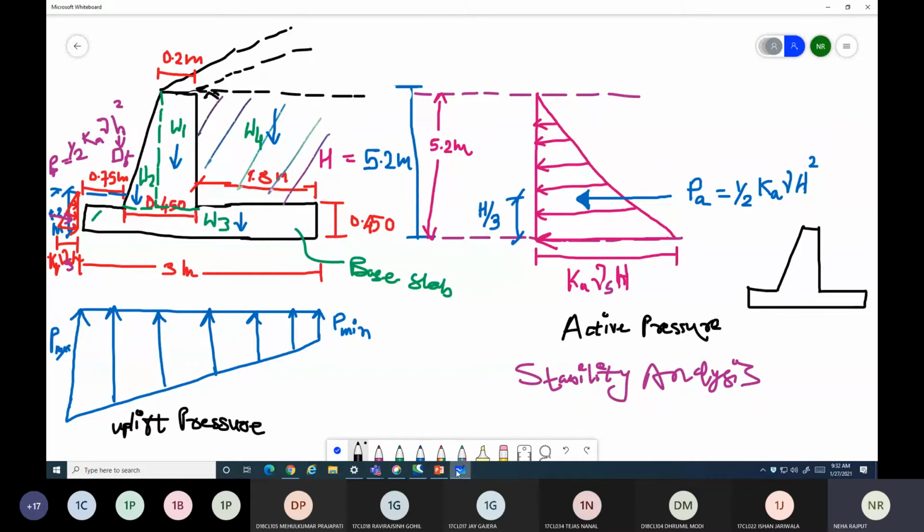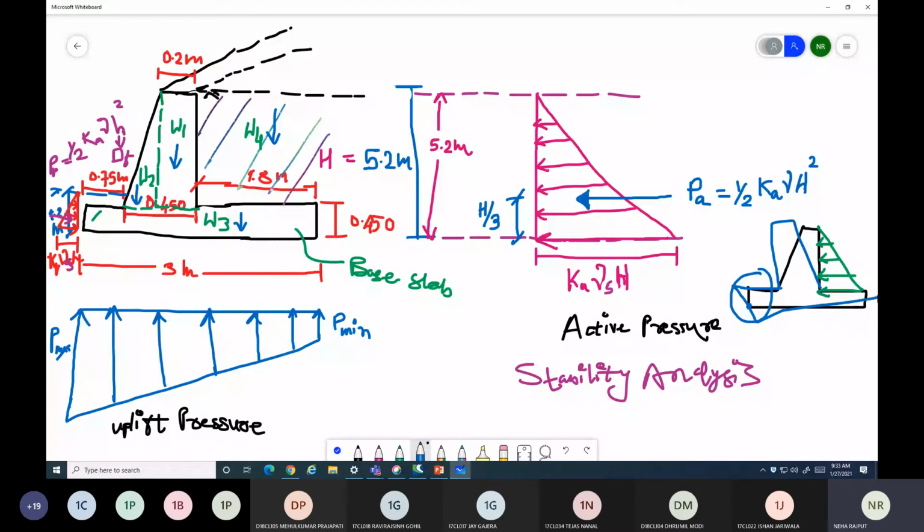Due to this active pressure, it acts like this here. This is the soil, the same figure, but I am drawing separately over here because we require different values to write. Actually the backfill here will give the pressure in terms of a triangle. Due to this pressure, this portion of your dam is trying to overturn. The toe part of the dam can easily overturn, and that will lead to the overturning of your retaining wall like this.